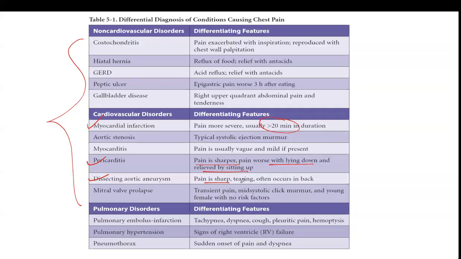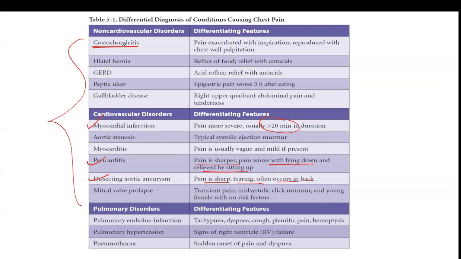Dissection, pain is sharp, tearing, radiates to the back. Now come to others. So costochondritis is inflammation of the costochondral junction. We will discuss those things later on one by one.